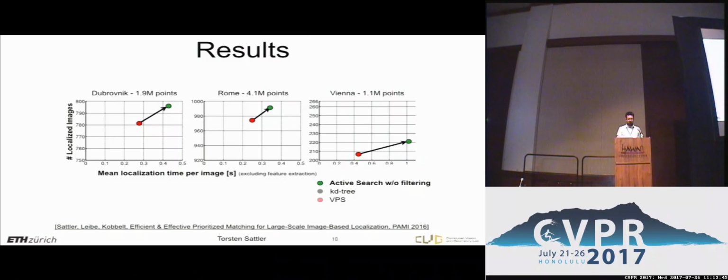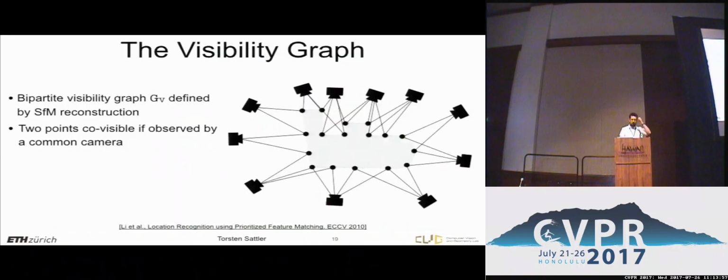The good news is that you can actually avoid quite a lot of this additional work if you're clever. And being clever here means exploiting visibility information. This visibility information is encoded in a so-called visibility graph, which you get from structure from motion. This visibility graph is a bipartite graph where one set of nodes corresponds to the 3D points, the other set of nodes corresponds to the cameras that you use to reconstruct the scene, and you have an edge between a point and a camera if this camera observes this point.